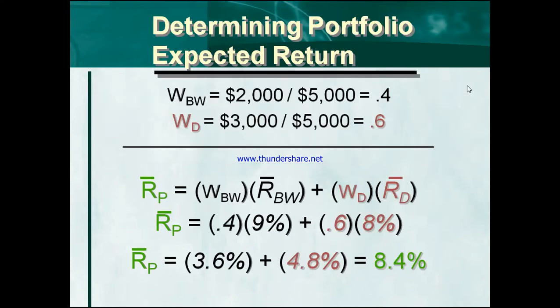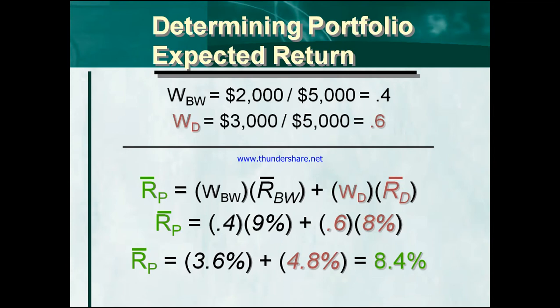First we find the weighted average. The investment in the first stock is $2,000, this is given, and this asset is $3,000. We add them, and the total portfolio is $5,000.